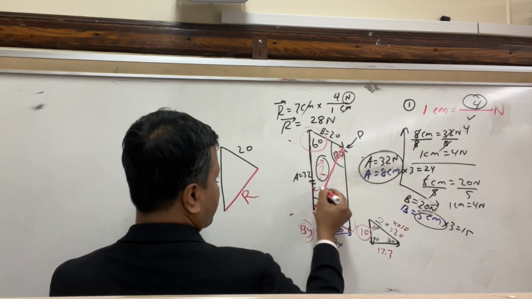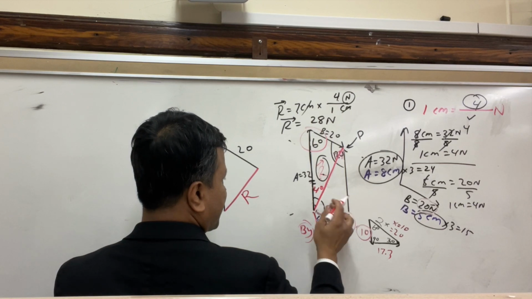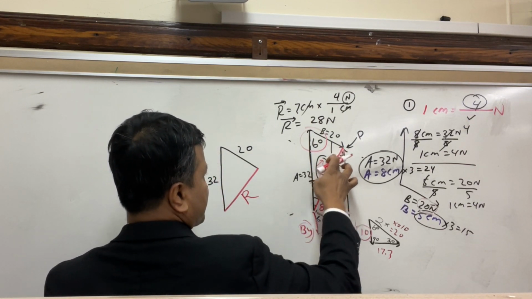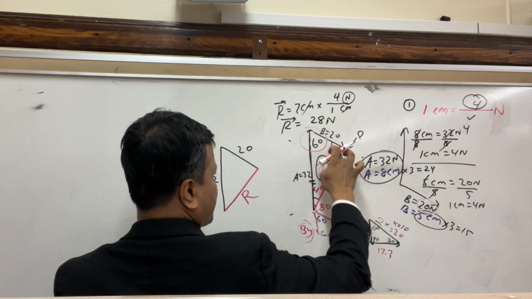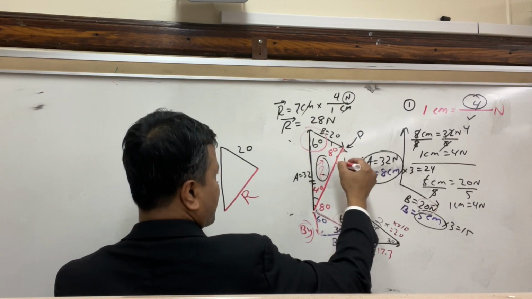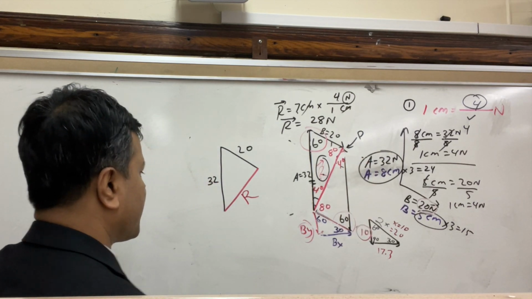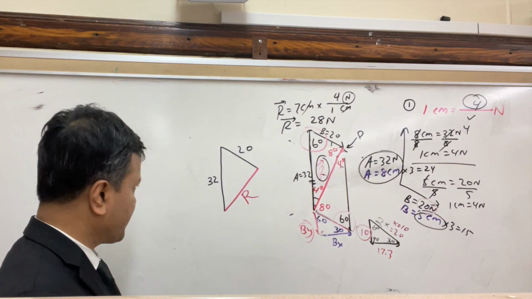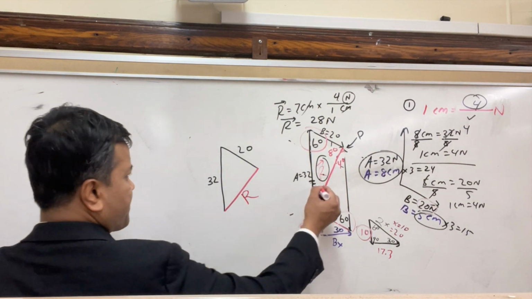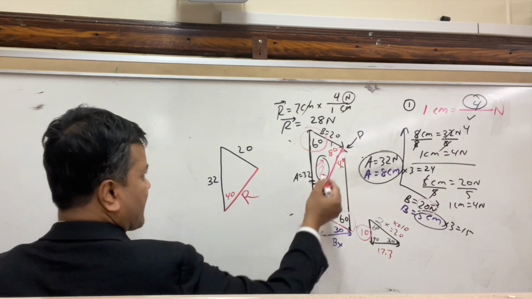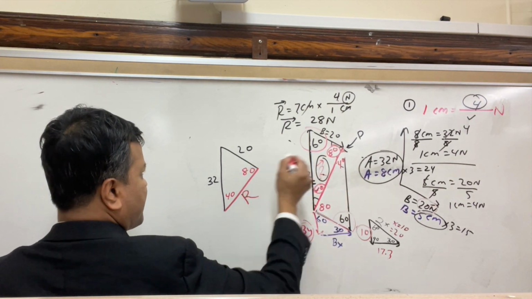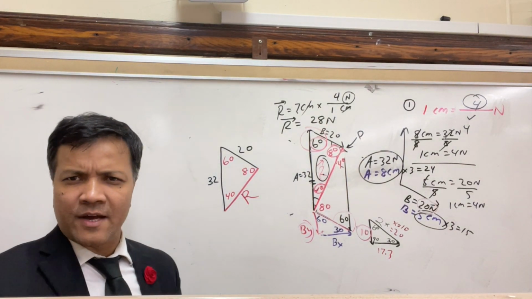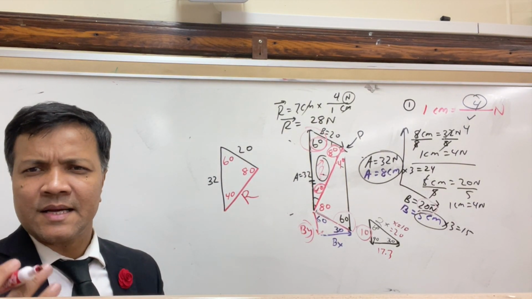So if this is 40, this must be 80. That means this is 80 and this is 40. Interior opposite angles are congruent. So 40, 40, 80, 80, 60, 60. Notice this is not a right-angle triangle, so you cannot use SOHCAHTOA.